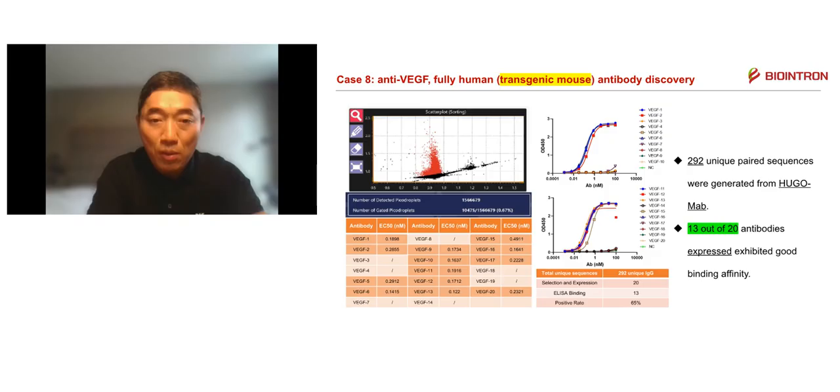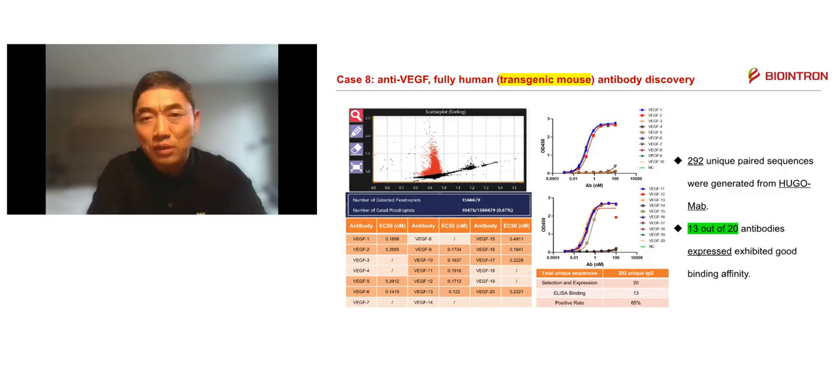But by doing humanization, some risk will be introduced that may appear in stages like CMC or preclinical or clinical stages. So it is better to get a so-called fully human antibody from a transgenic mouse.